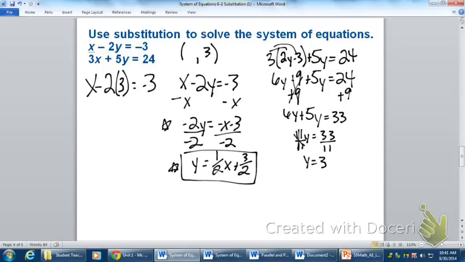We just found that 3 is equal to y. So all I did was substitute in 3 for y. That's going to give you a 6. Add 6 to both sides. That'll give you a positive 3. So your x value is 3.